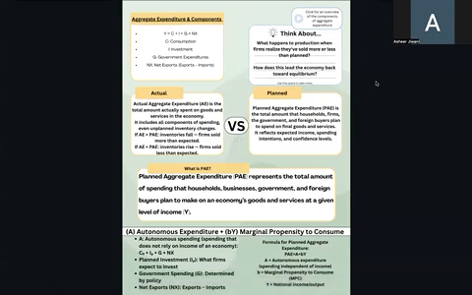Versus planned aggregate expenditure is going to be the total spending that people and firms intend to make on goods and services. It's going to be based on expectations about income, prices, and demand. When planned aggregate expenditure equals Y, or aggregate expenditure, the economy is said to be in equilibrium.